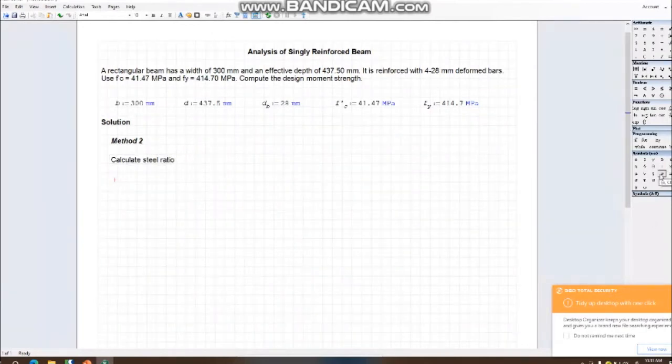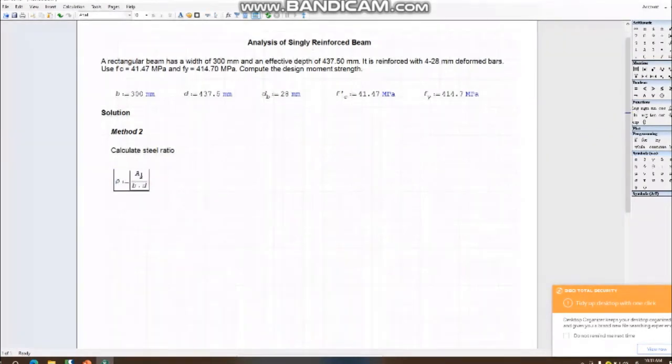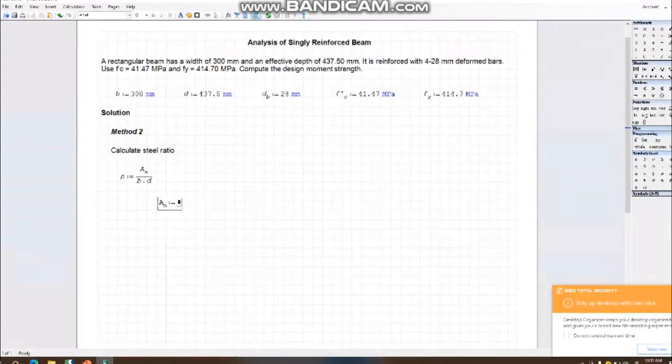The formula is rho equals As over b times d. I deleted the As earlier, anyway, I'll compute again, it's easy. I shouldn't have deleted anything. So again, let's go back. Let's compute the area of bar.